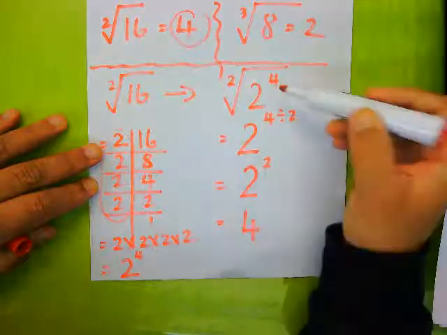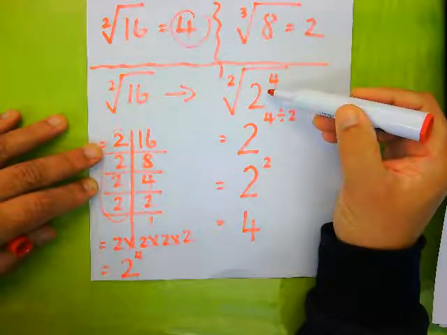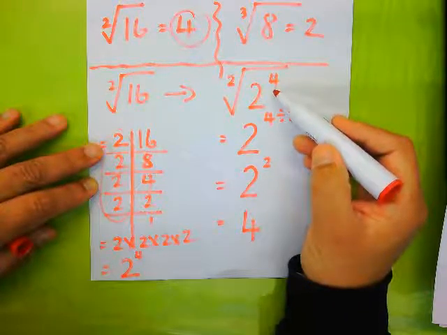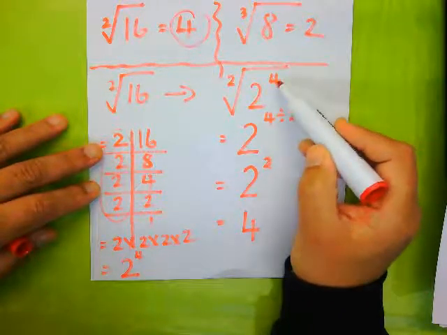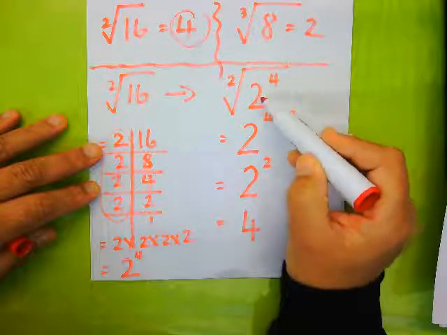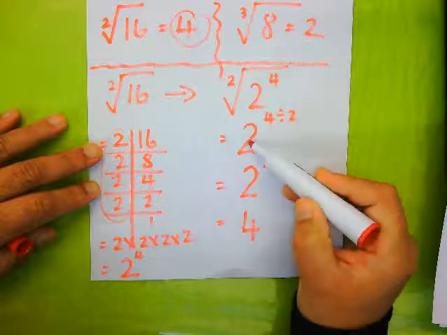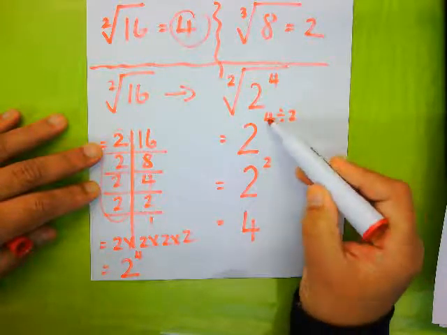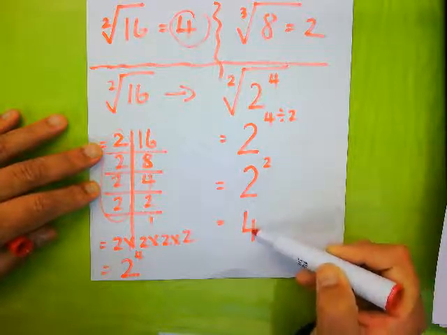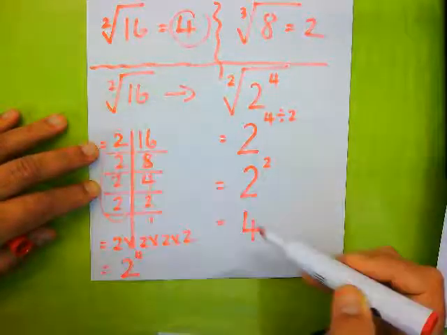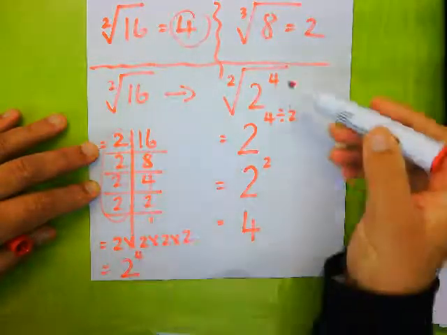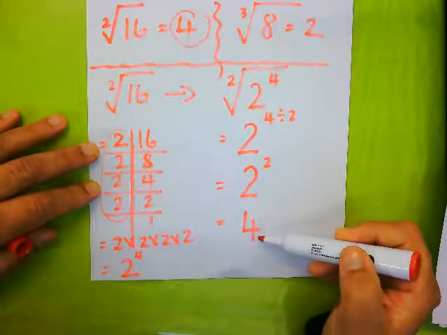So I'm not changing the sum, it stays the same. Then my rule for exponents is that if there's an exponent inside the root and one outside, then I divide. I keep the base, I get rid of the root. So it's 2, keep the base, and 4 divided by 2. That gives me 2 to the power of 2, which is 4. So now we can say that the square root of 16 is equal to 4 using prime numbers to calculate the square root of 16.